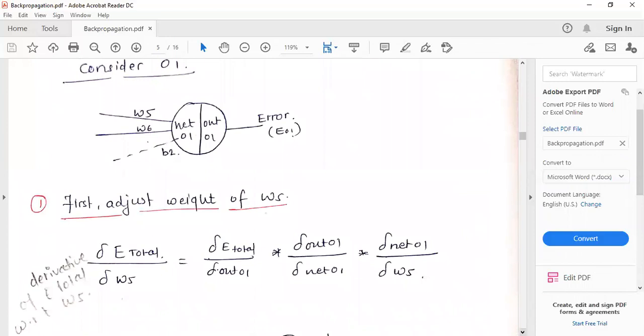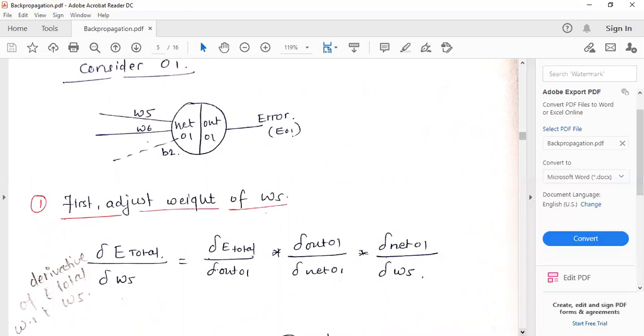See, first you have to consider O1. This is the simple diagram I have drawn here, so that it will be simplified. Net output 1, whatever output 1 we have calculated, and whatever error we have generated. Whatever inputs are coming to O1 and whatever error is generated by O1.